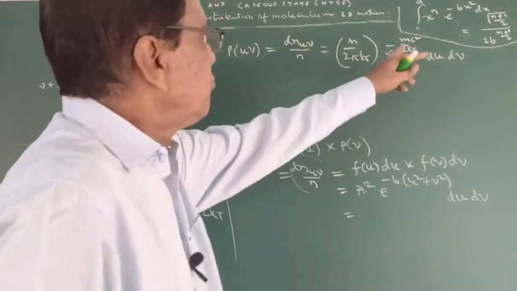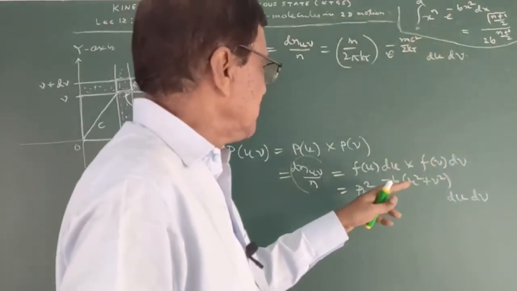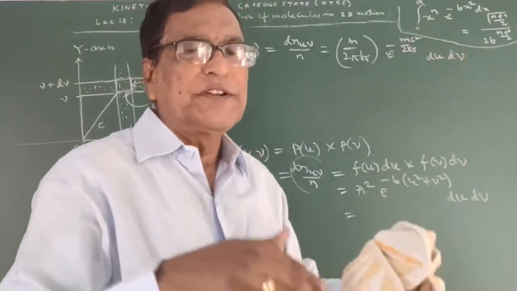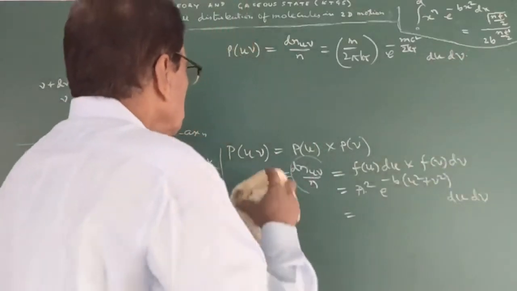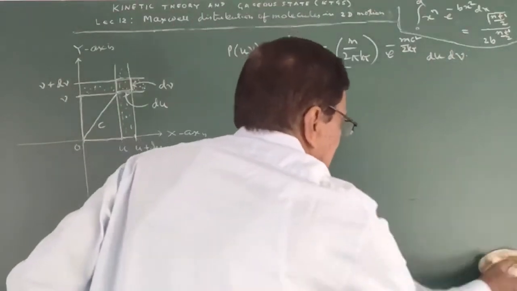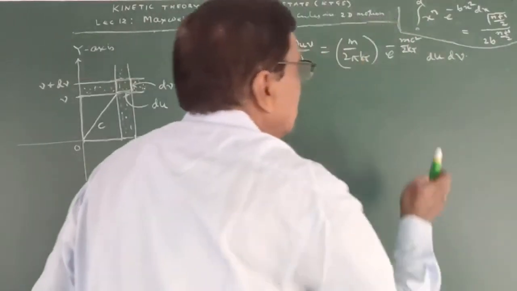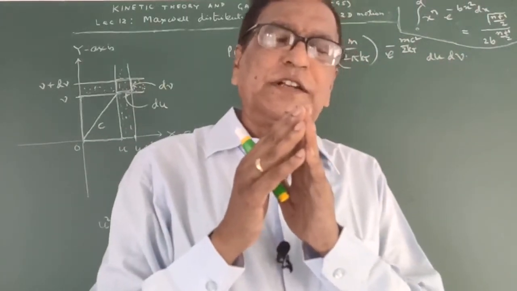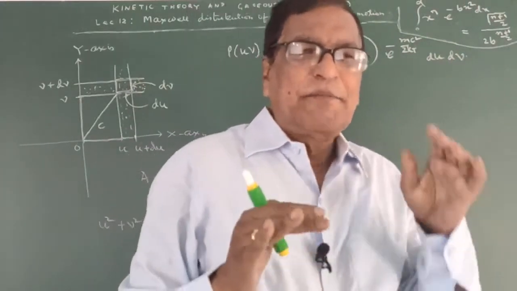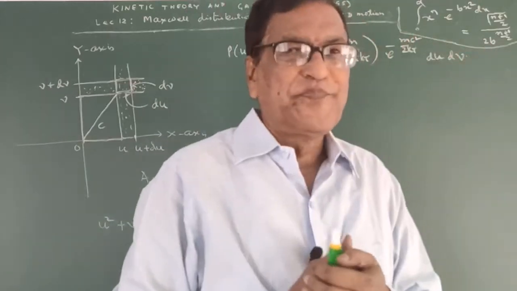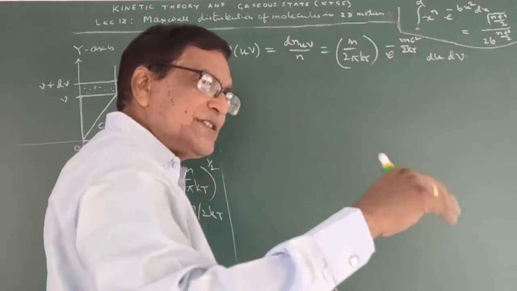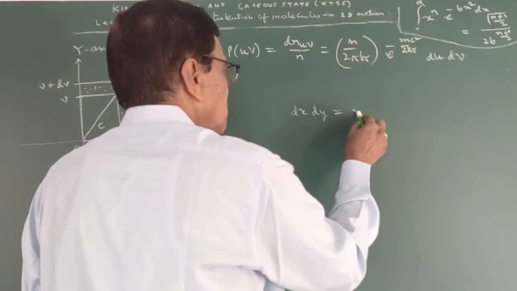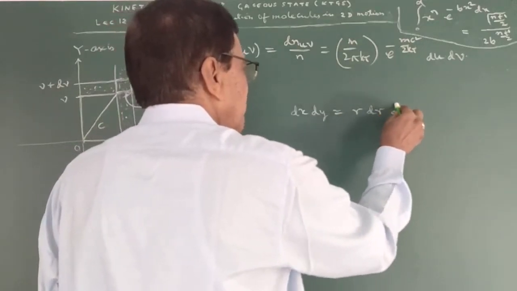And this is the polar coordinate. See the polar coordinate, and u and v are the Cartesian coordinates in velocity space. So if we evaluate this area, it could be evaluated in different ways. By putting in polar coordinates, we know in position space dx dy equals r dr d phi.